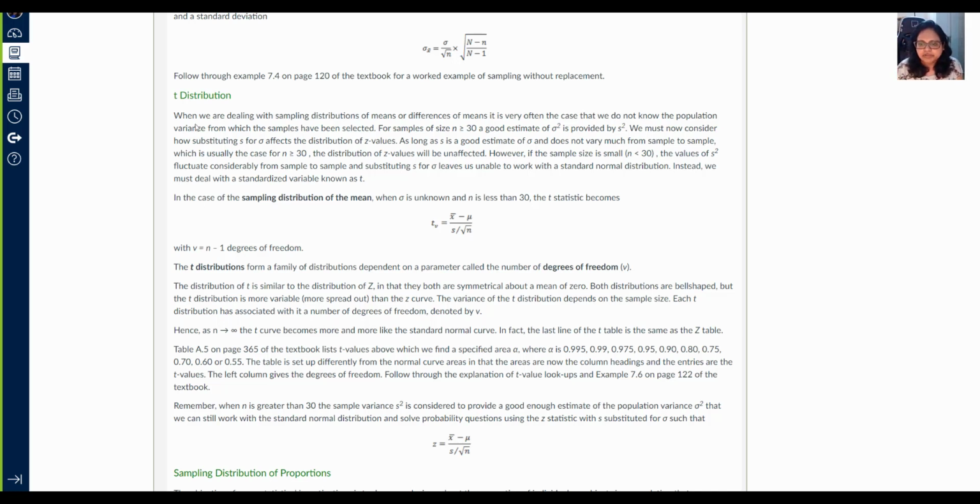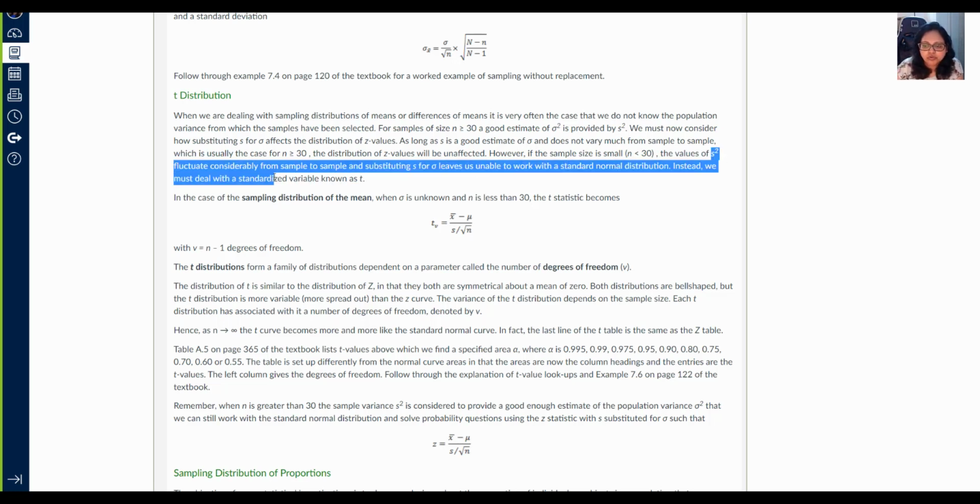So many times you will see that instead of z, we are talking about the t distribution. When the sample size is small, and we don't know the variance of the population, that means we have to use the sample variance because we do not know what's in the population.